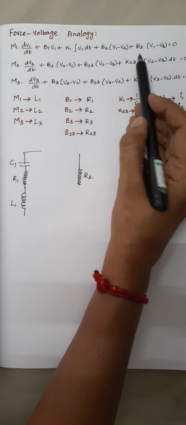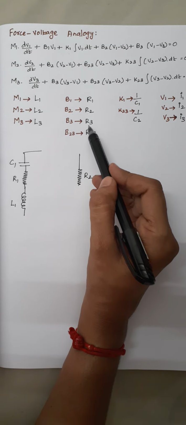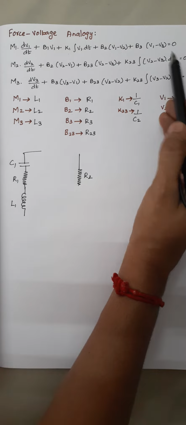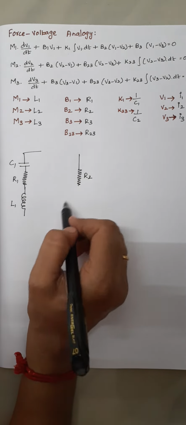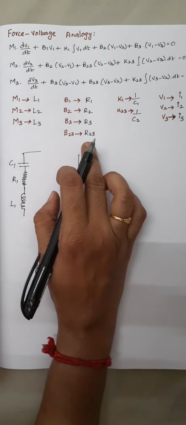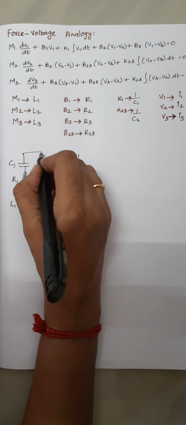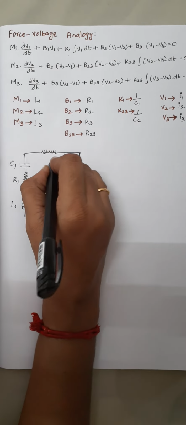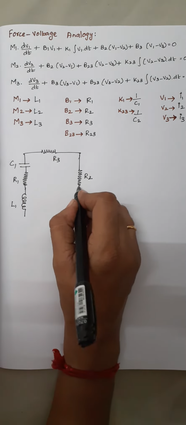And finally we have B3, that is another resistor, and this resistor is common for loop 1 and 3. Let this be your first loop and this be your second loop, and the outermost part will cover your third loop. So here I am drawing a resistor, and this resistor is nothing but your R3, right?